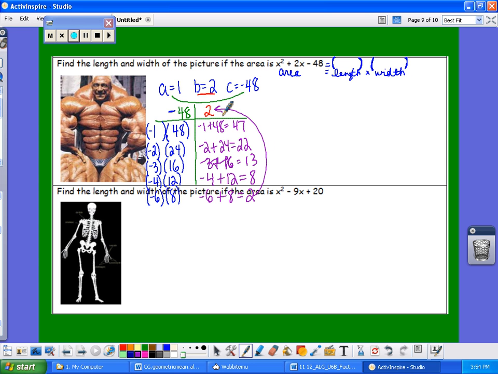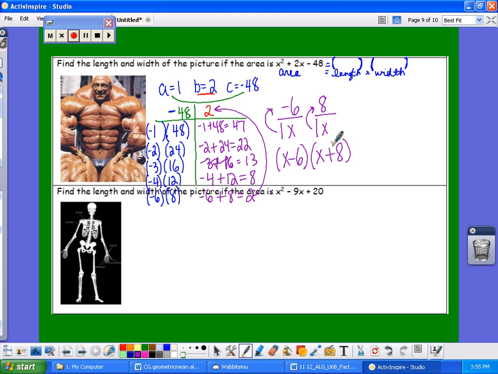2 right there. So what are my factors? Negative 6 and 8. I put it over A, which is 1, and the x. Put it over A and x. Okay? So when I write my factors, it will be x minus 6 and x plus 8. Remember, you always go from the bottom to the top.